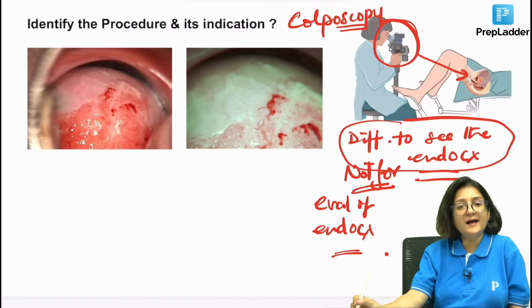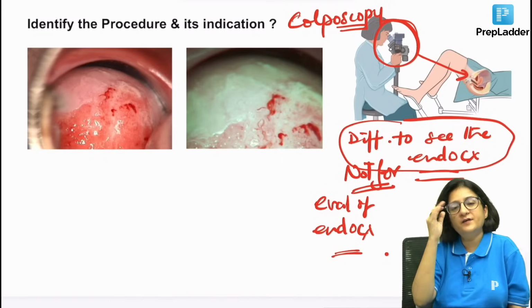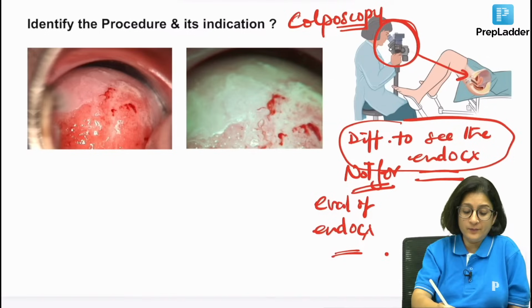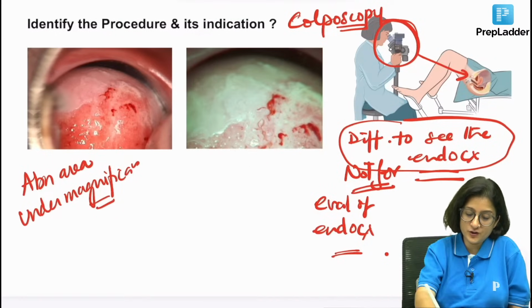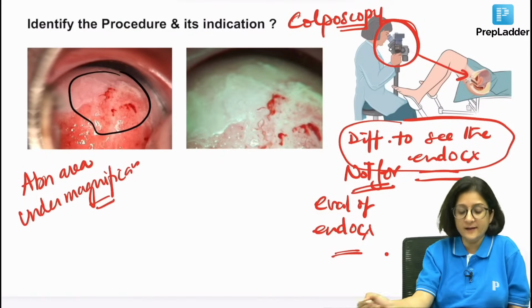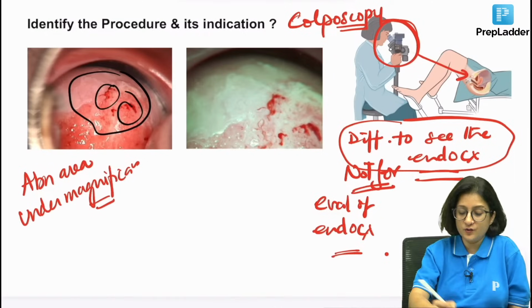Again, the idea is that we look at the abnormal areas under magnification, that is why you can see such magnified images. We can see the abnormal vascular patterns.